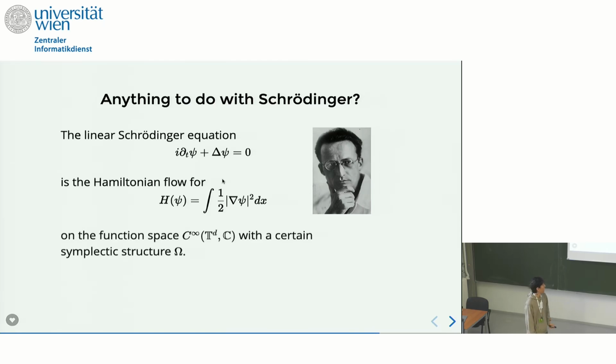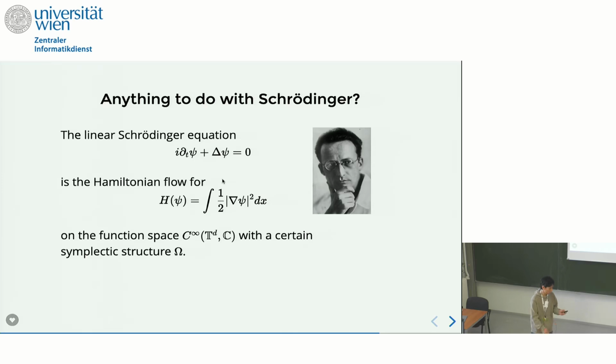It's known that this is a Hamiltonian system for the energy on the function space of complex functions. Here I chose a d-dimensional torus, but this doesn't really have to be a torus. This can be any Riemannian manifold. For simplicity, I just use a torus. Anyway, with a certain symplectic structure, the linear Schrödinger equation is in Hamiltonian form.